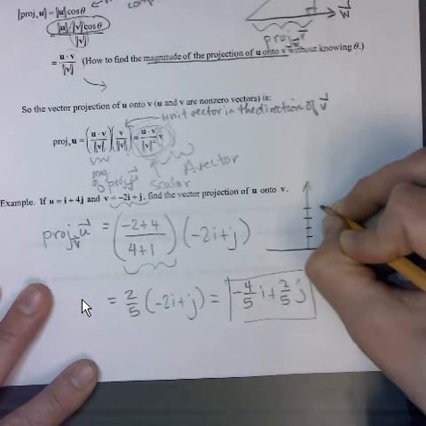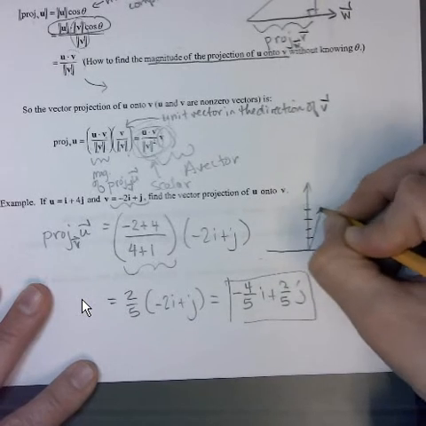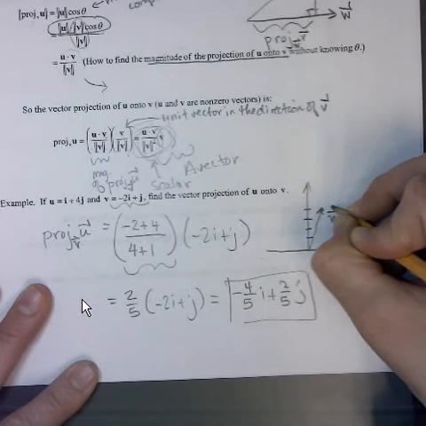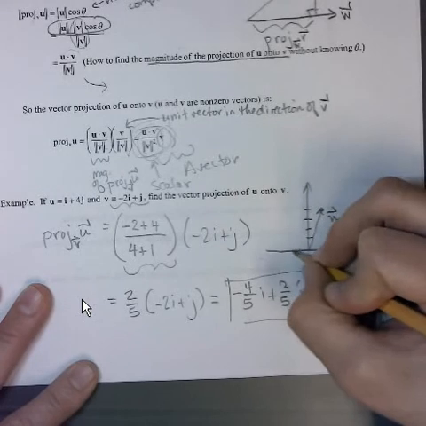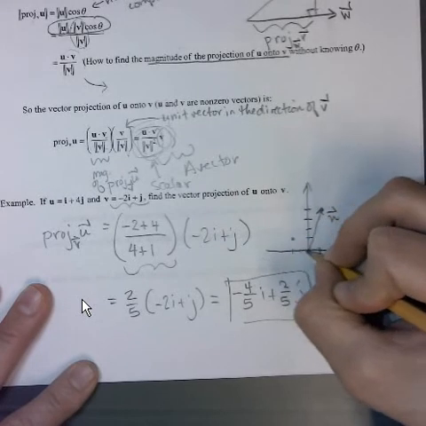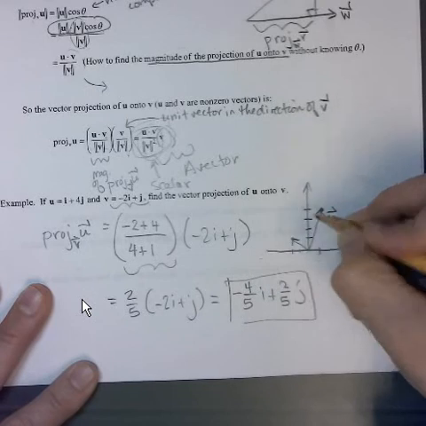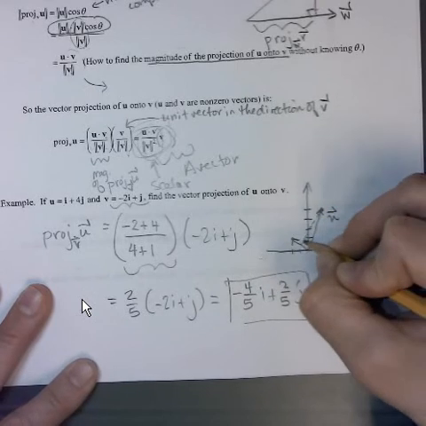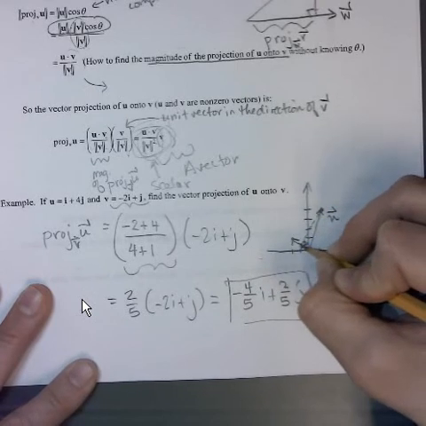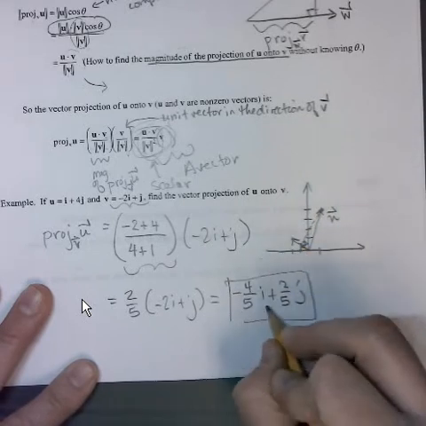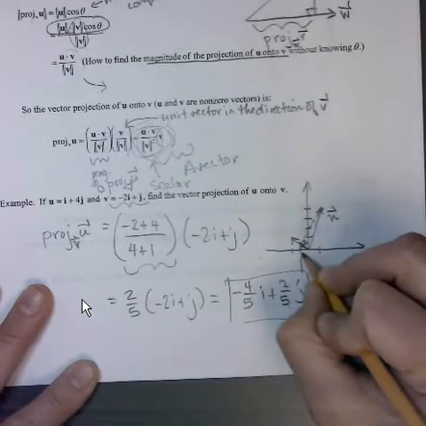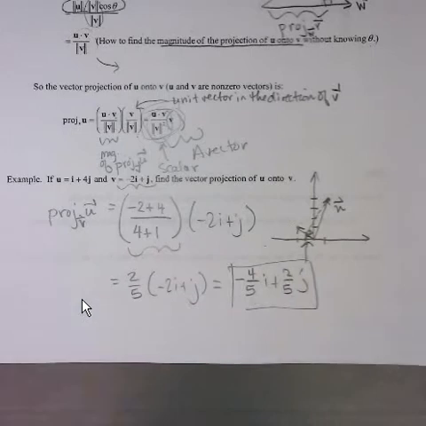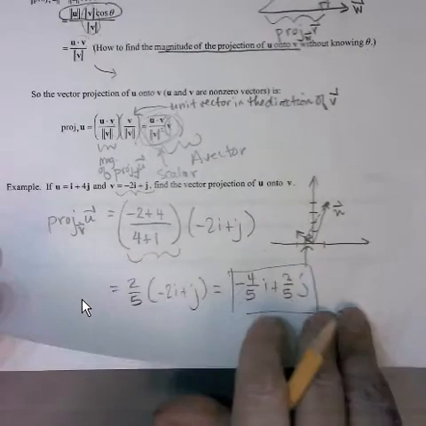Here's u. v is negative 2, 1. We're casting this shadow, and this vector right here is negative 4/5 i plus 2/5 j. That's our projection vector.